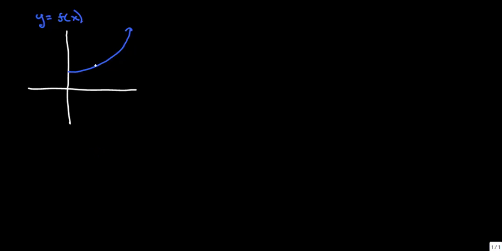Now we're going to pick a point on that curve, and we'll call it P. It doesn't matter what we name it. Our goal in this course is to figure out the tangent line: the line that passes through the point P and is tangent to the curve f of x.